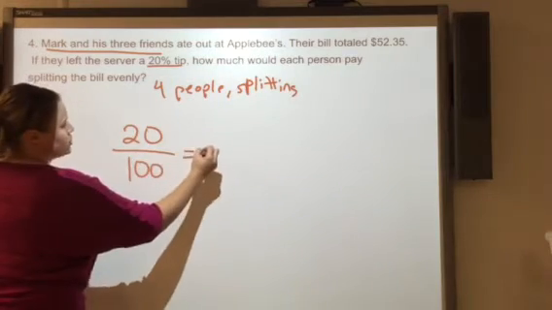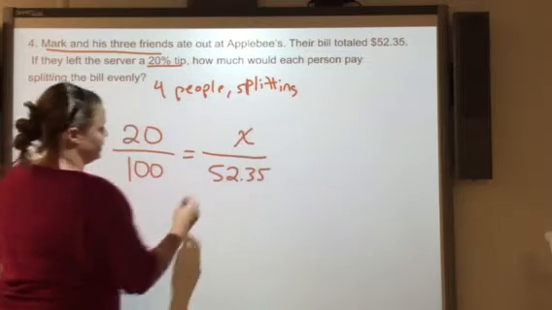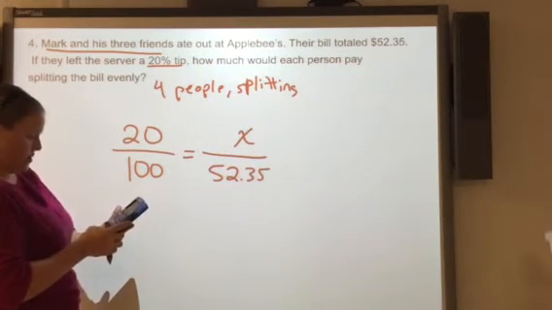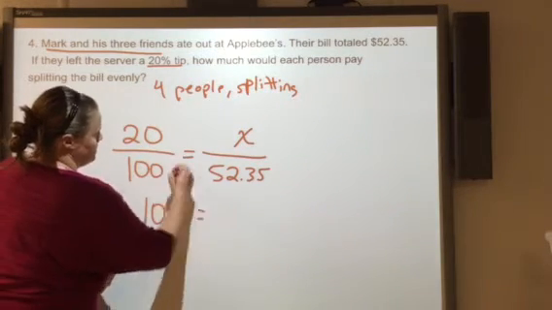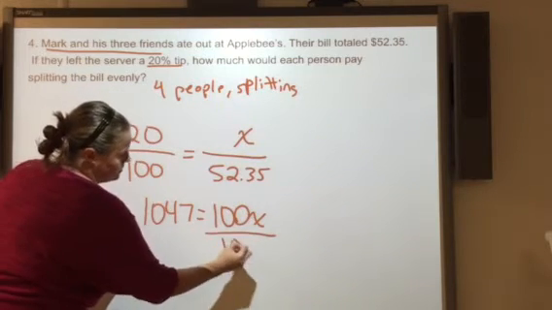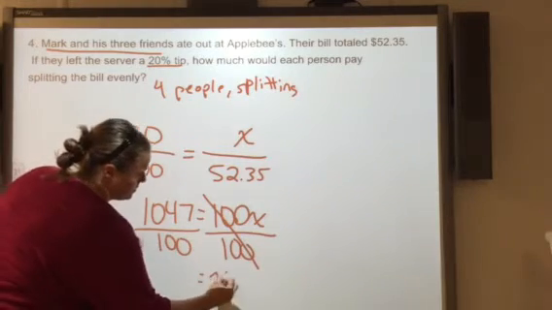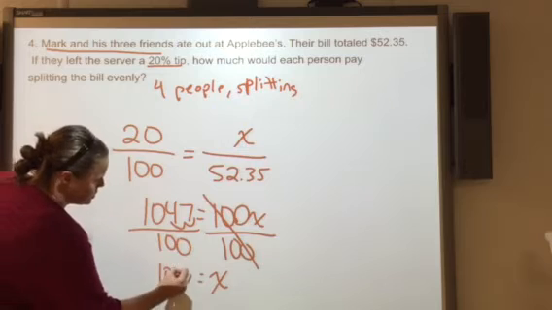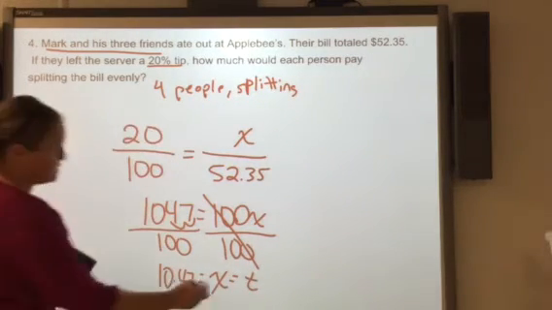So 20 over 100 and $52.35, looking for X. So 20 times 52.35 is 1,047 equals 100X, divided by 100, so that's going to be, moving our decimal 2 places, $10.47 is the tip.